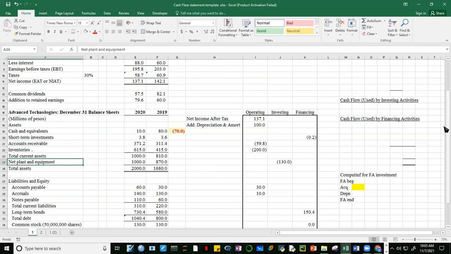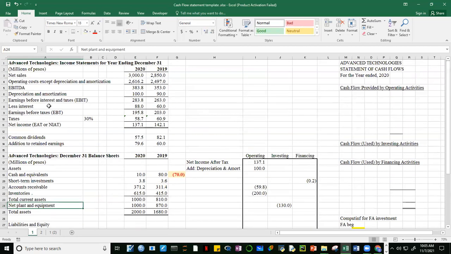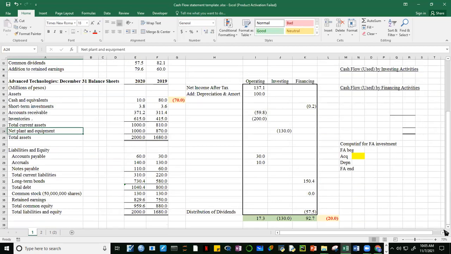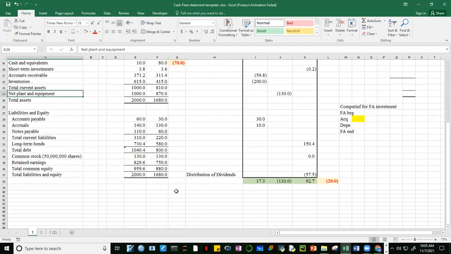Remember that when we present your property, plant, and equipment, what we have to use is the PPE at cost, and then less accumulated depreciation to arrive at your net PPE. Let me increase the size of this.